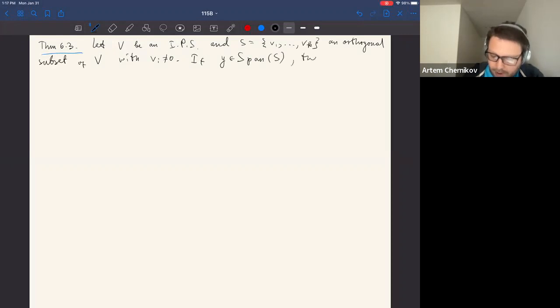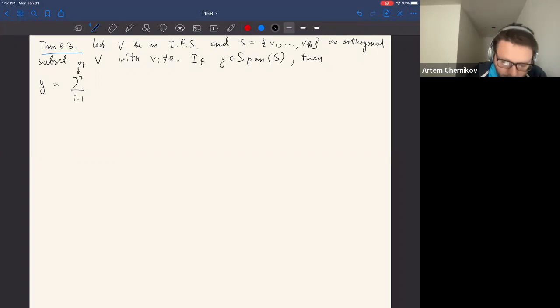Okay. Then we can write y as a linear combination of the vi, right? Because it's in the span. But moreover, because of orthogonality, we actually have an explicit formula to calculate the coordinates of this vector with respect to the vi's. So we have that y is given by the sum i from 1 to k.